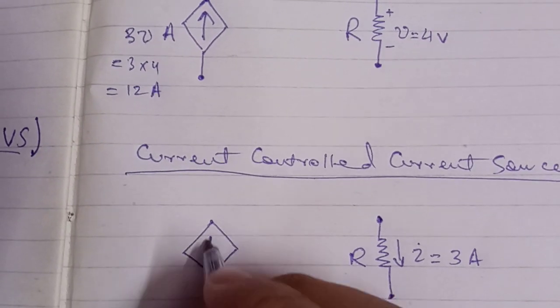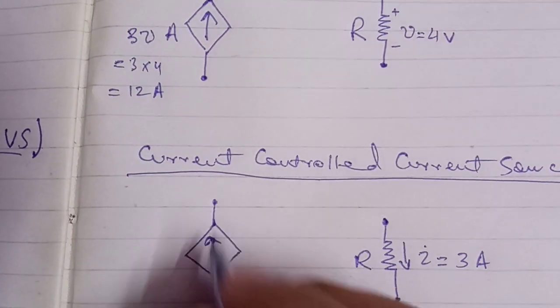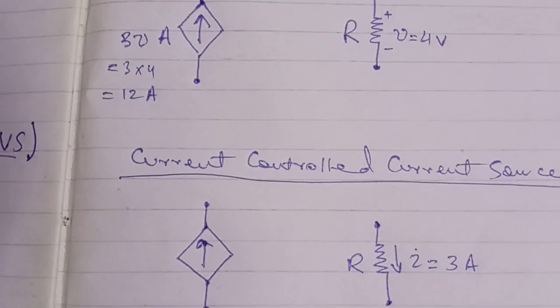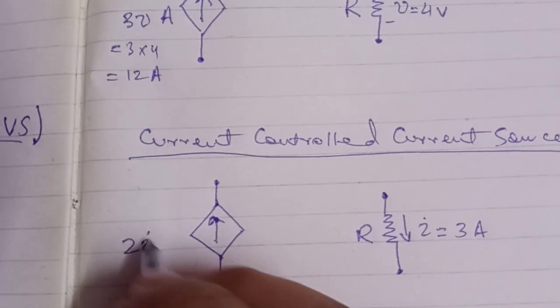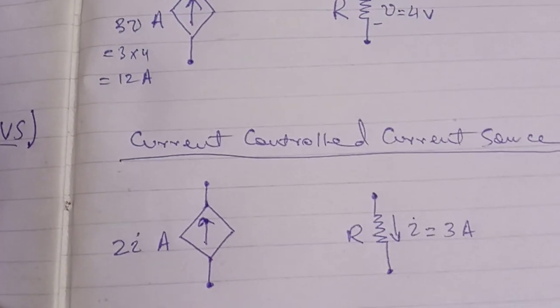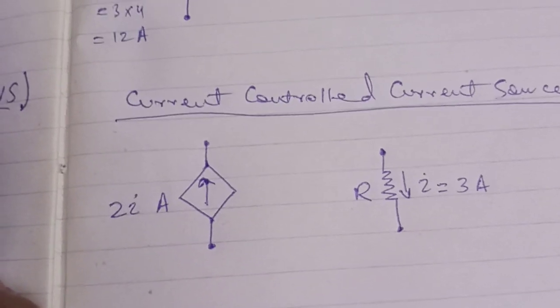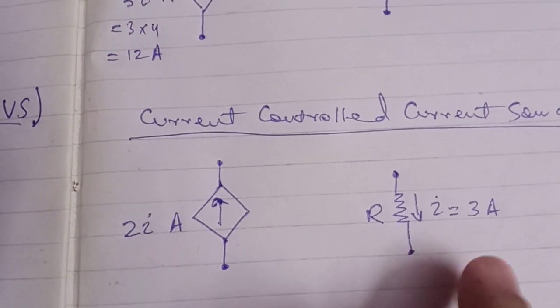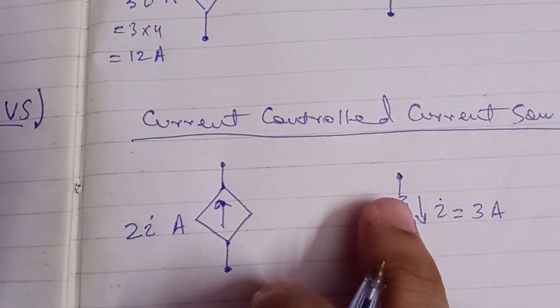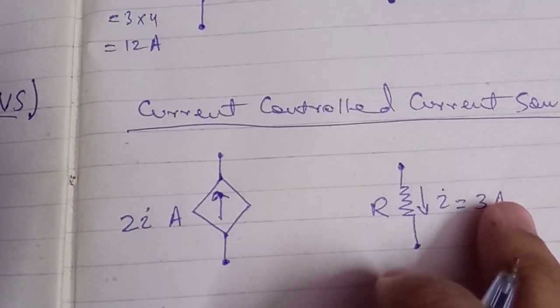Now draw the symbol of a dependent current source, and its value is, for example, 2I ampere. What is this I? This I is actually the current flowing through this resistor, which is 3 ampere.